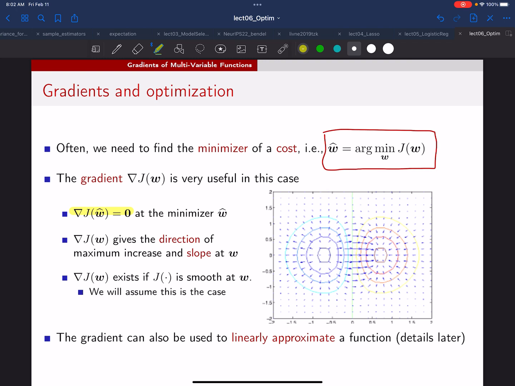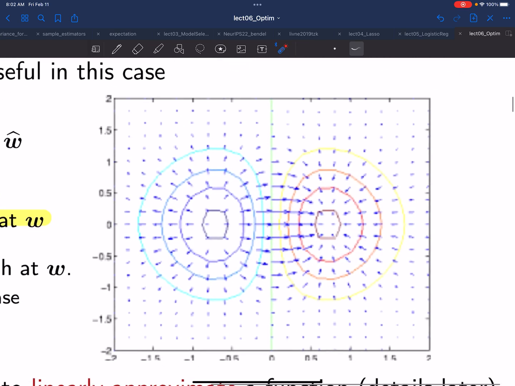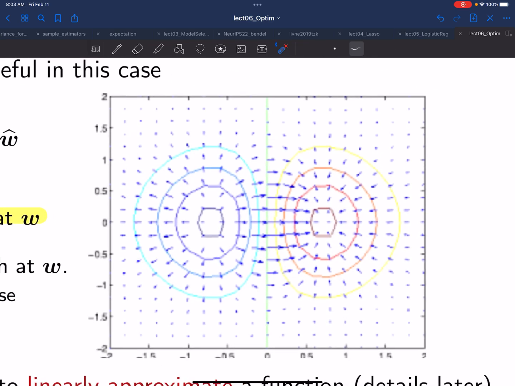But there are a few other things about the gradient that are useful. For example, the gradient tells us the direction of maximum increase as well as the slope at any point. This picture shows the gradients with little arrows. If you're right here, you can see that the gradient arrow is pointing this way.